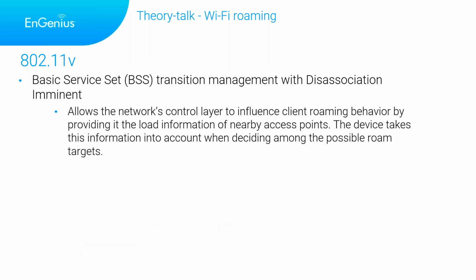We have 802.11v. This will make it possible for access points to just tell the clients, hey, I'm going to kick you. Of course, again, this needs to be supported by the clients and the access points. If one or both don't have it, it will not work. But if you have it, at least your access point can tell you, hey, I think you can better move to another AP.